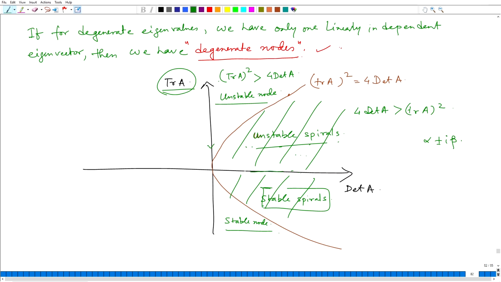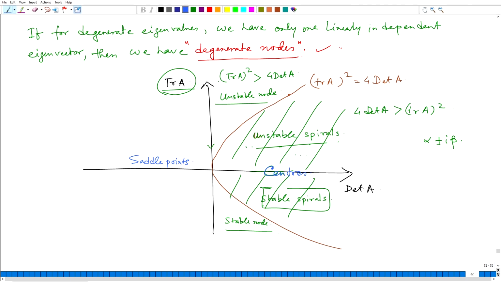If you have trace A is 0, then the eigenvalues will be purely imaginary. And you have centers, I can draw, you have centers on this line. And here you have saddle points.